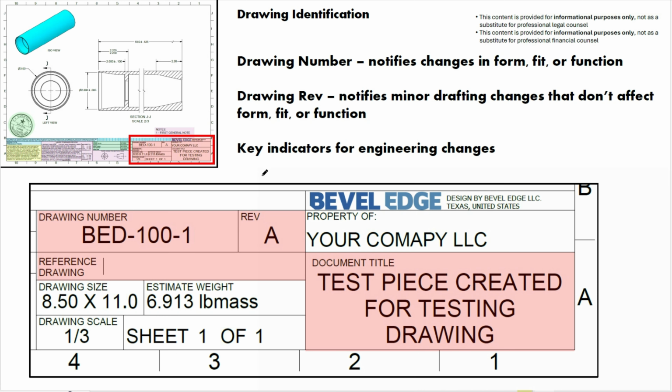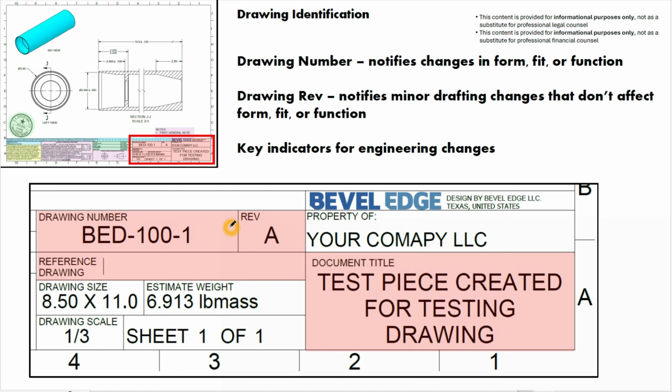Diving right in, let's zoom into the section highlighted in red of the title block. That is a zoomed-in version of what you have here, and this is part of the drawing identification. Now, why is drawing identification important? Drawing identification prevents the manufacturer from wasting thousands and thousands of dollars making you the wrong revision or the wrong part to begin with.